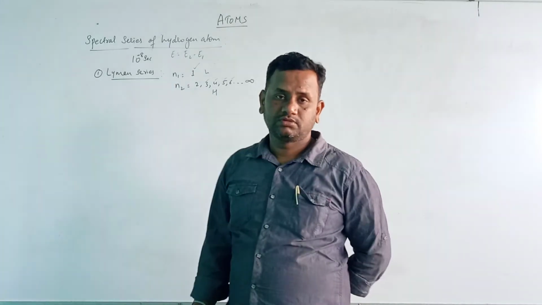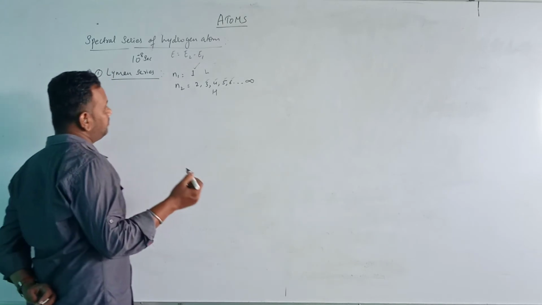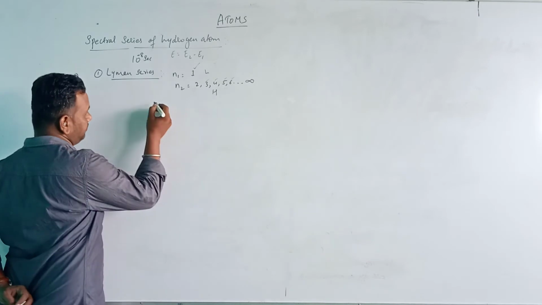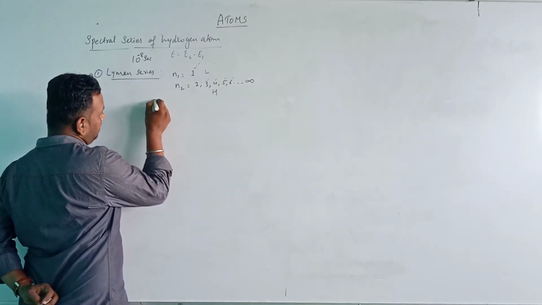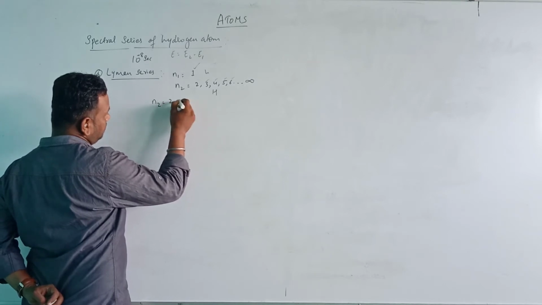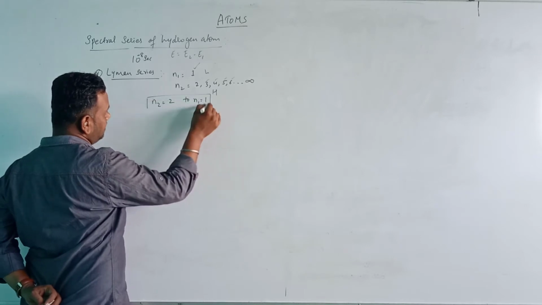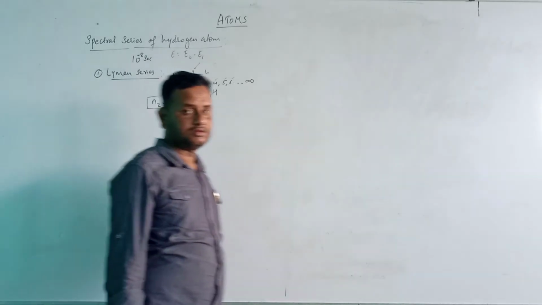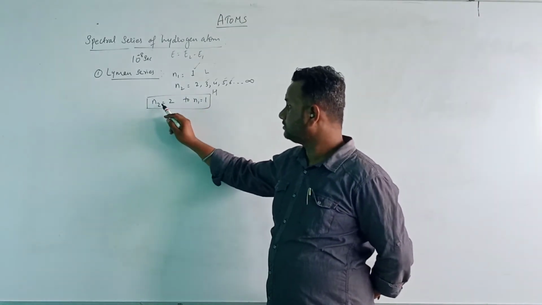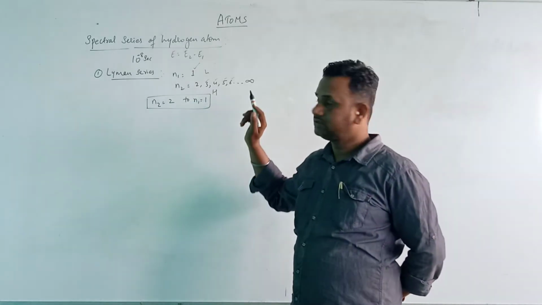Here the longest wavelength corresponds to the transition N2 is equal to 2 to N1 is equal to 1.